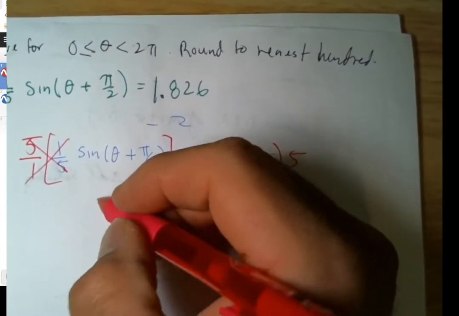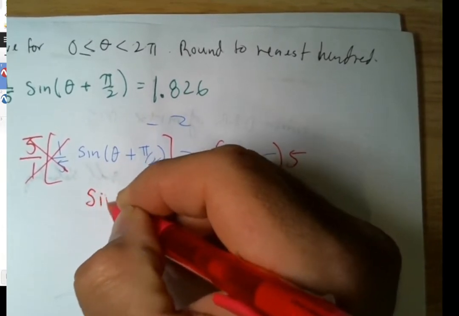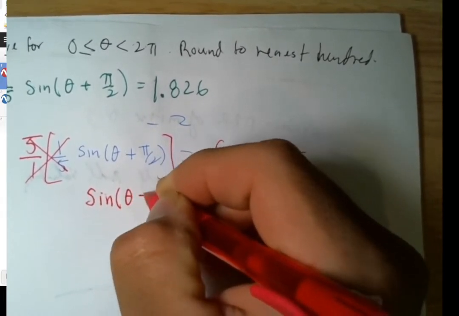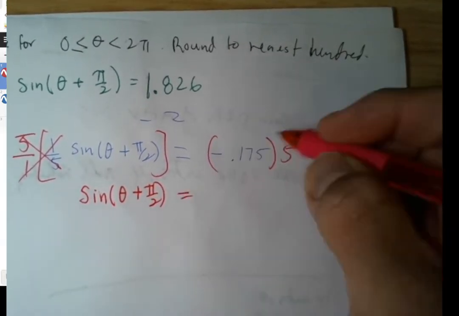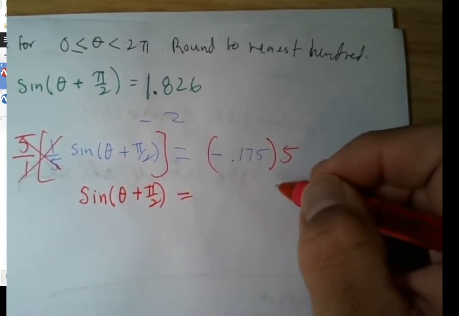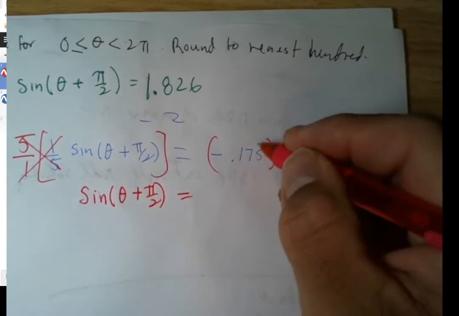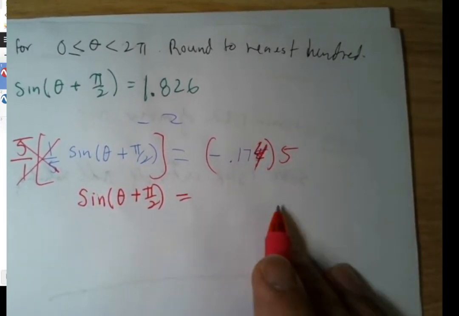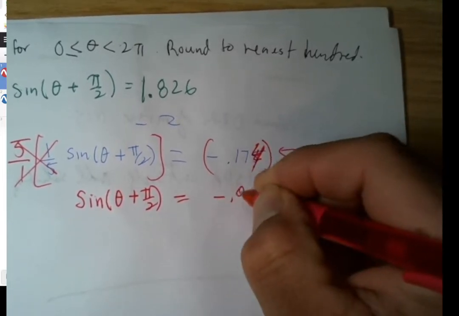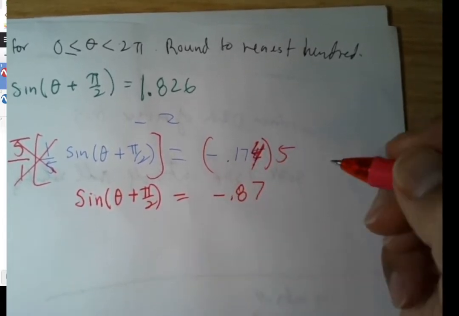Don't need to write it. We just have sine of theta plus pi over 2 equals 5 times negative 0.174. Excuse me, 0.174 is what we have here. And that gives me negative 0.87.